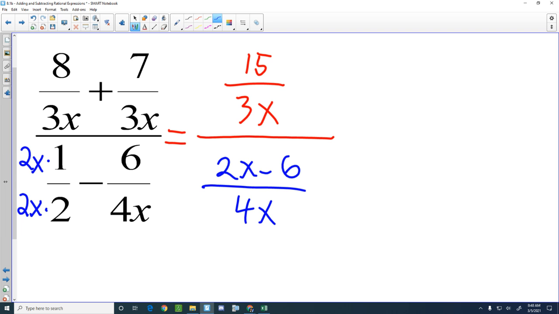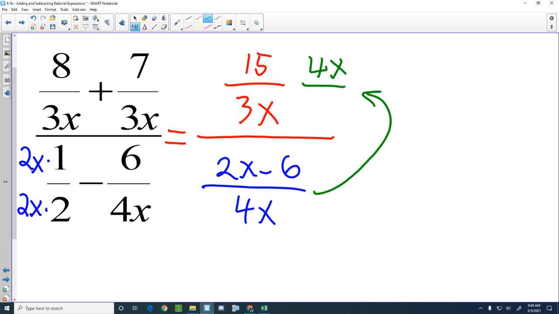So you have a common denominator of 4x. So you just write it as one fraction, 4x, with those two terms up top. Now that I have one fraction divided by another fraction, I'm going to multiply by the reciprocal. So I take this fraction on the bottom, I'm going to flip it upside down. So instead of the 4x being on the bottom, 4x is going to go in the top, right?